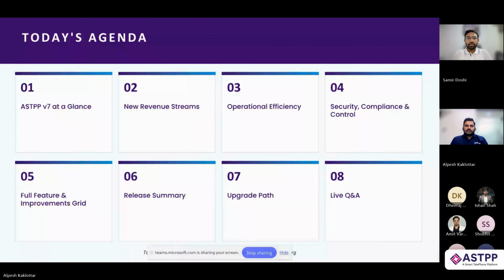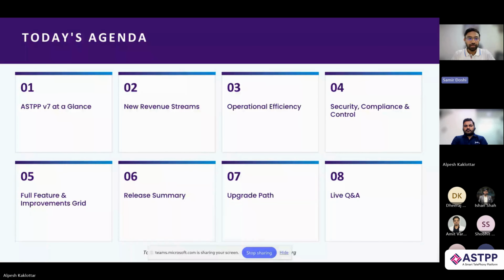So in today's webinar, we are going to look at a glimpse of version 7, by feature category: the new revenue stream features which can enable you to acquire new revenue, the operational efficiency you can get, security and compliances, then the rapid functionality, which are smaller improvements we have done in version 7.